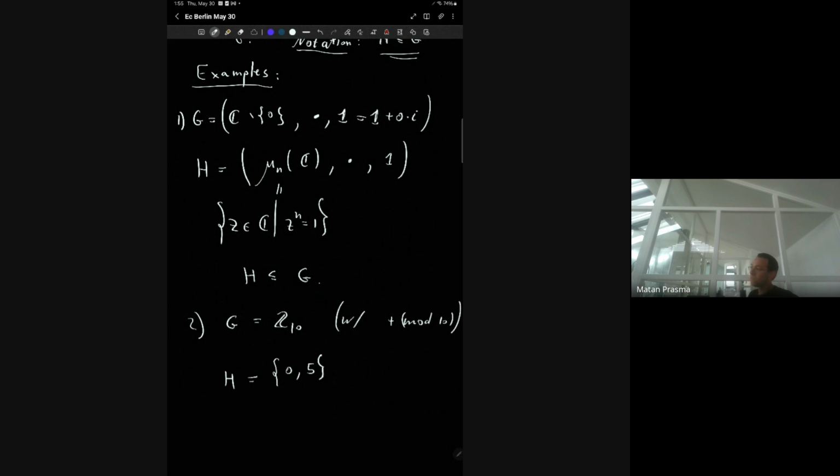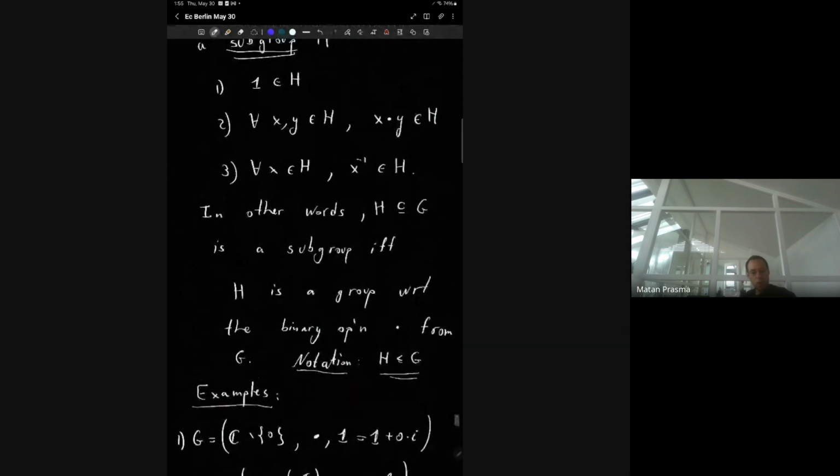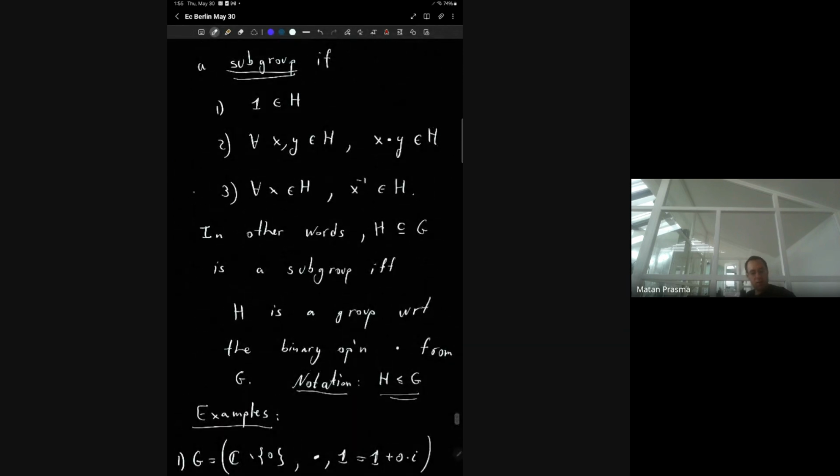But the neutral element is the inverse of itself. The inverse of the neutral element is itself. Yes. But this is also true for 5. Yes. Is it okay? Yeah, that's fine. All we care about is that the third condition will be met.